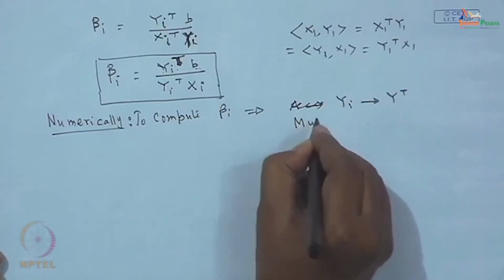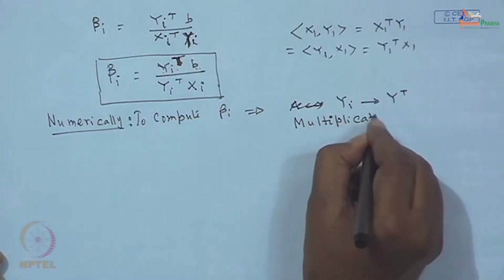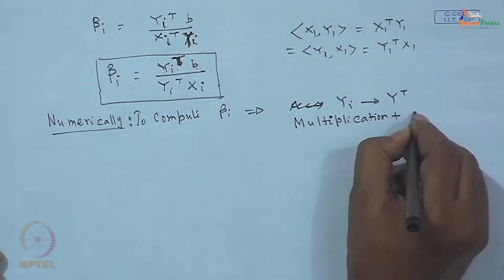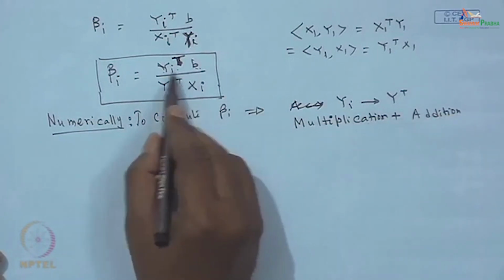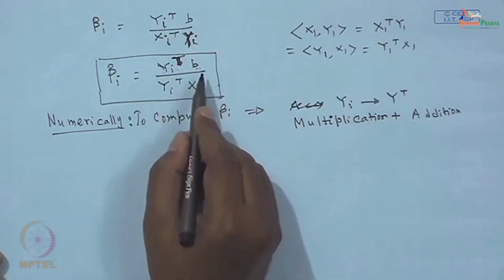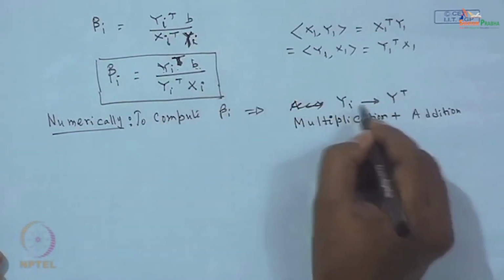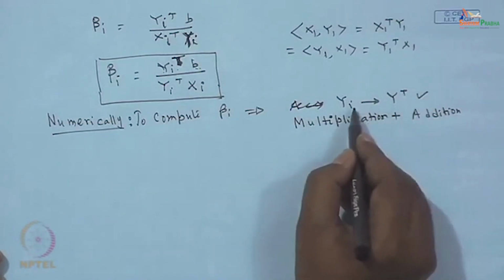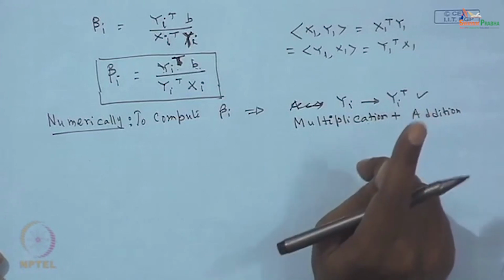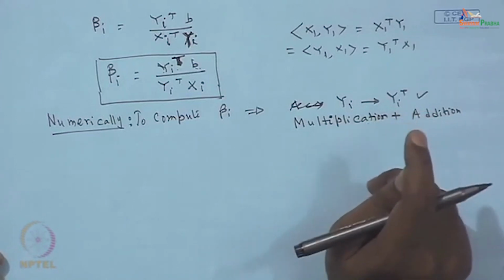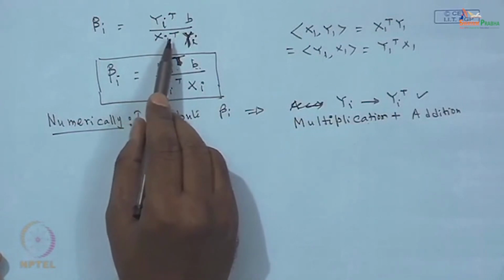The basic operation is first multiplication, second addition. You multiply the corresponding elements and add them up. So, once you get this operation, y i to y i transpose, by writing one or two lines of simple subroutines, you need not compute x i transpose.